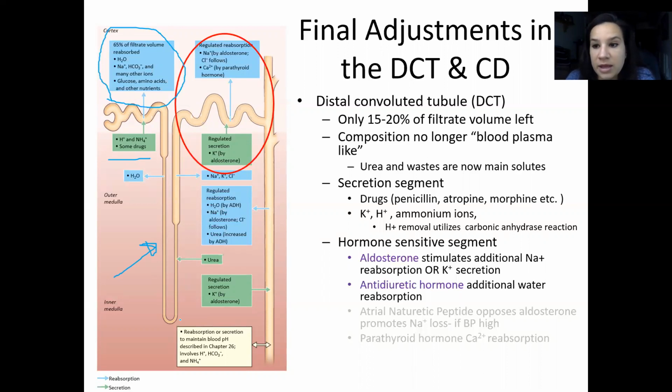In the descending segment, or the thin segment, as we're coming down into the renal medulla and exposing ourselves to that renal medullary osmotic gradient, we are only reabsorbing water. On the ascending side, in the thick segment, that is where we are primarily reabsorbing sodium and chloride.